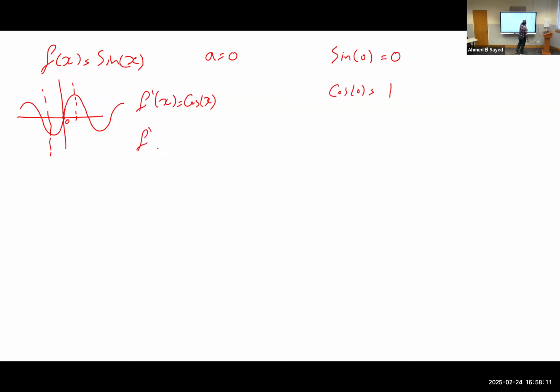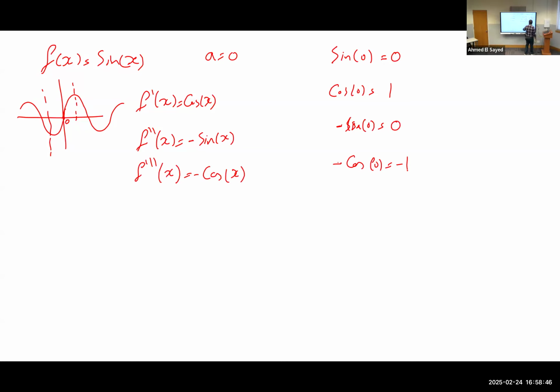Then I'll calculate the second derivative, which will be minus sine. In this case, the value of minus sine 0 will equal 0 as well. Then the third derivative, and keep doing this again and again.